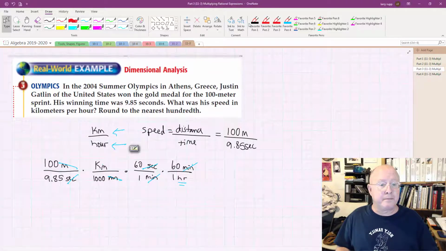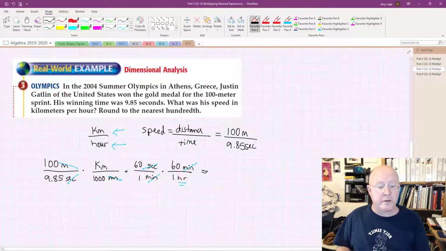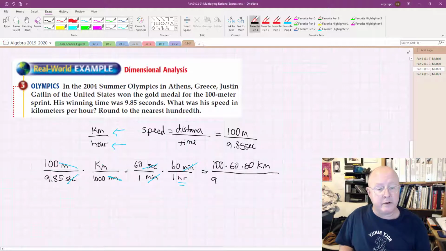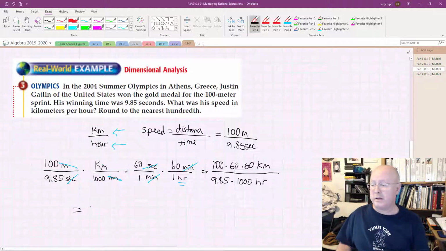Okay, so that means now we have 100 times 60 times 60, and kilometers is the only unit that's left in the numerator. On the bottom we have 9.85 multiplied by 1,000, and the only unit that's left on the bottom is hours. Okay, so all we have to do here now is do math.